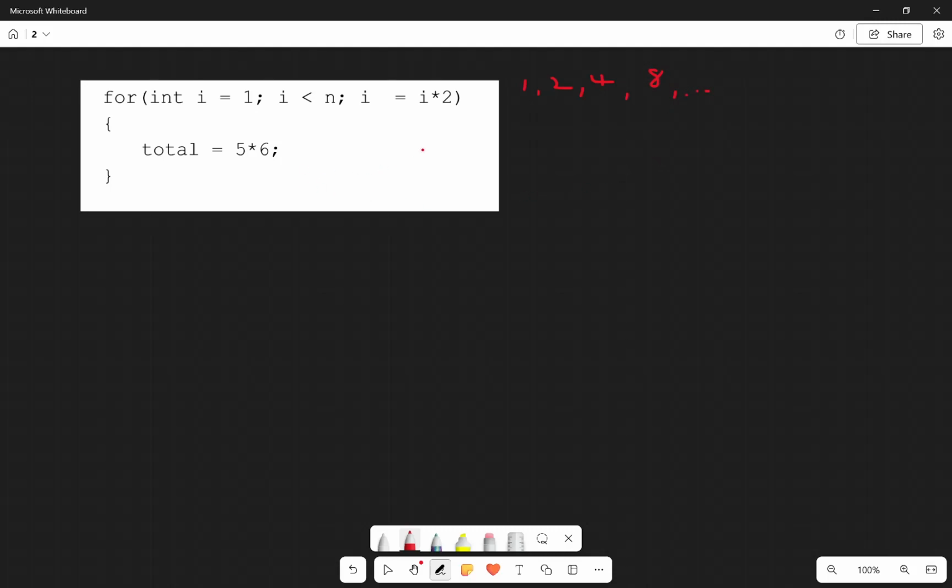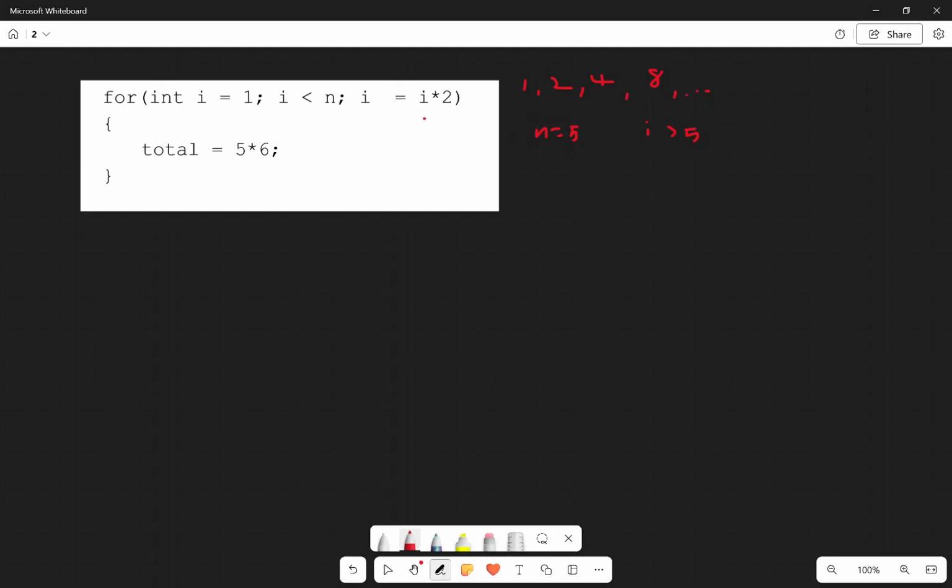So the thing is, we can't guarantee that this body is going to execute n times. So if we try out an example, let's say that n equals 5. So after 3 iterations, after the 4th iteration, I is going to be greater than 5.